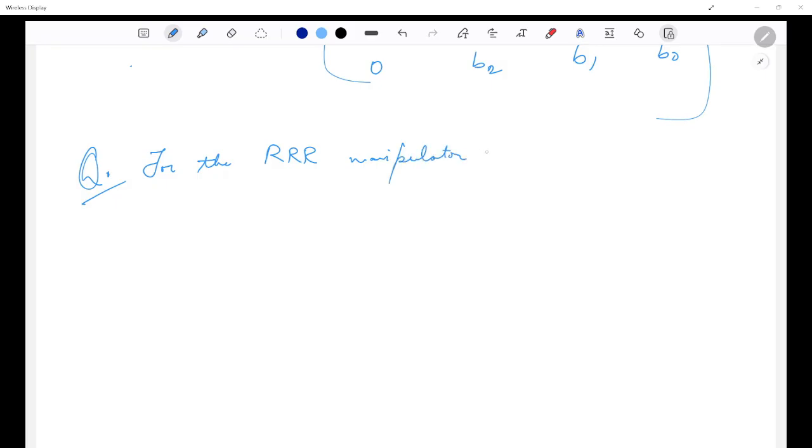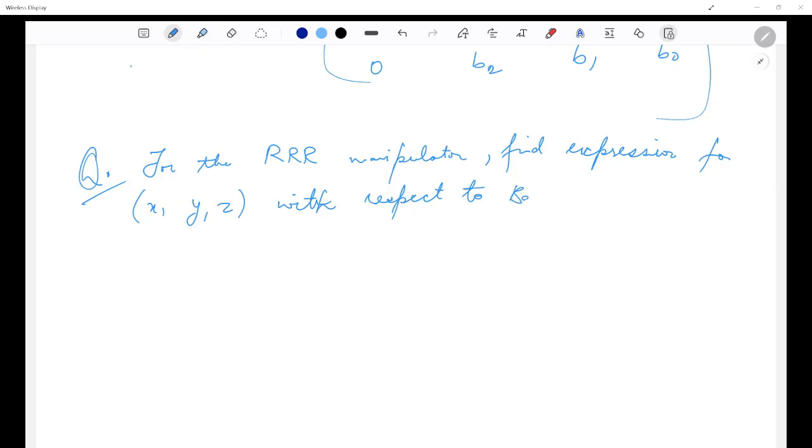RRR manipulator, find expressions for x, y, and z with respect to base in terms of the joint variables and li, where i would vary from 1 to 5.